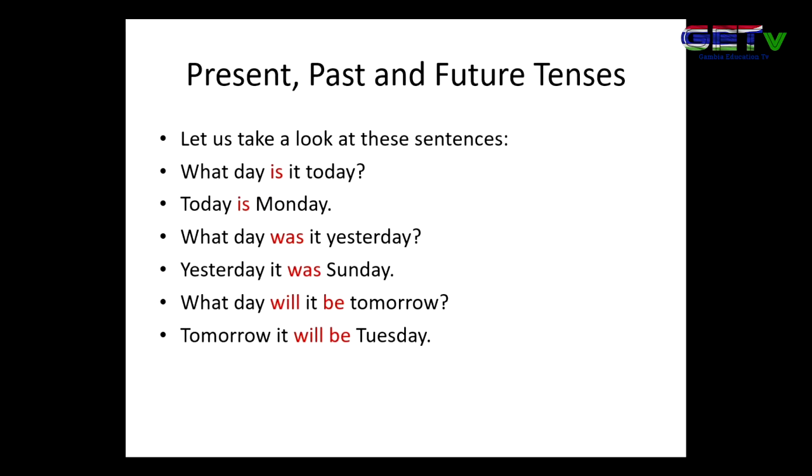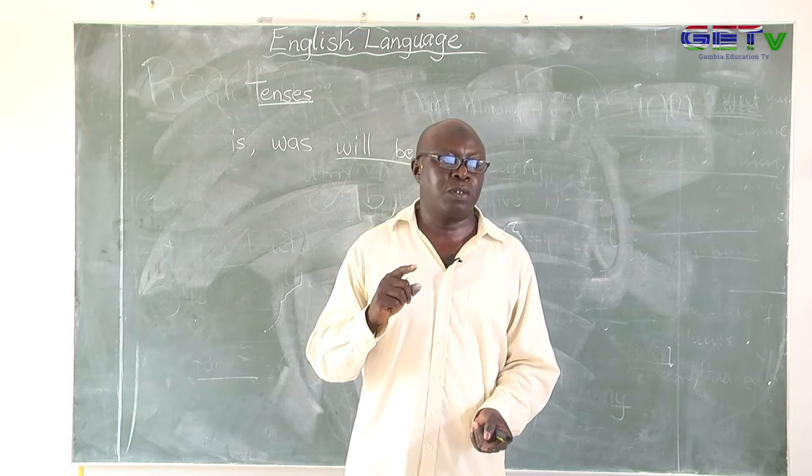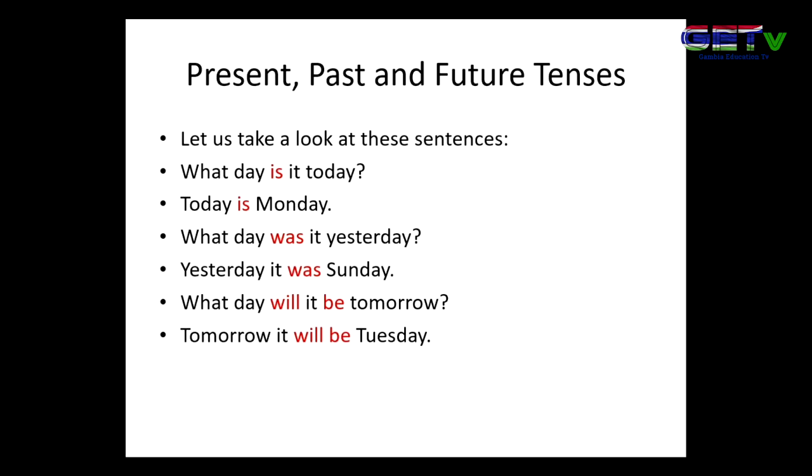Let's look at them again. First sentence we have is, what day is it today? Remember our last lesson, we said verbs. We hardly write a sentence without a verb. Here the verb in this sentence is "is." We said there are verbs that don't say what action, but they tell you what people or things are. Is is one of them.